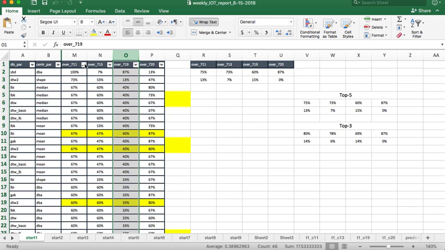You see, in some cases the overlap is 100%, in some cases 87, and so on. So it might be in one case that overlap of 7 and 11 is 100%, but overlap of 7 and 13 is just 7%. So what does it mean?